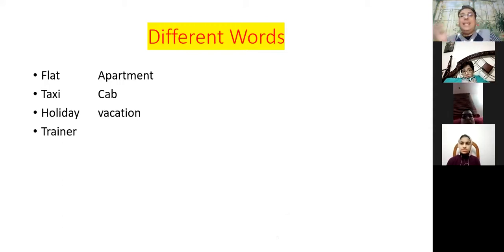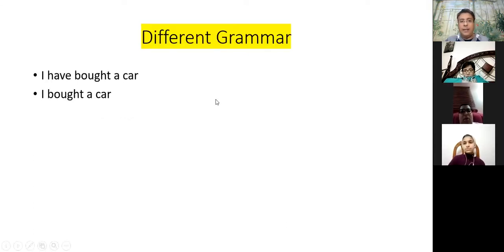Not any R is not pronounced. Let's go to different words, and we have many examples from you, like flat and apartment, taxi and cab, holiday and vacation, trainers and sneakers, and so on. Many examples.